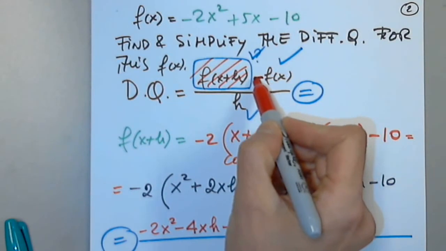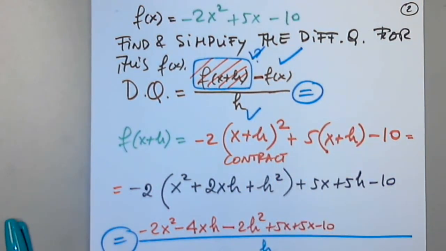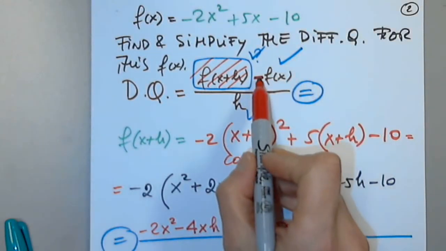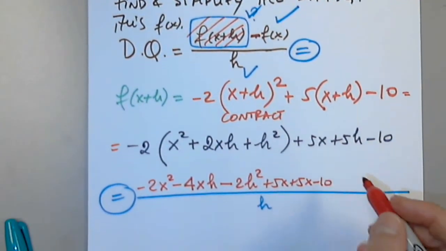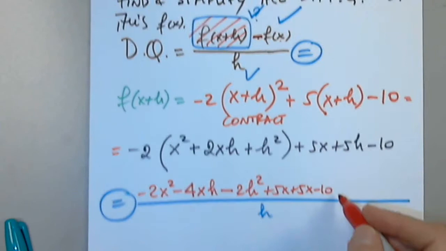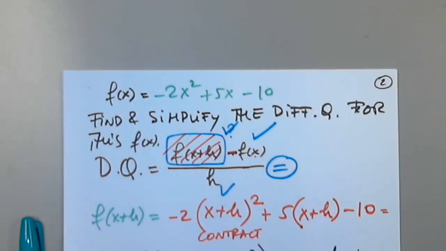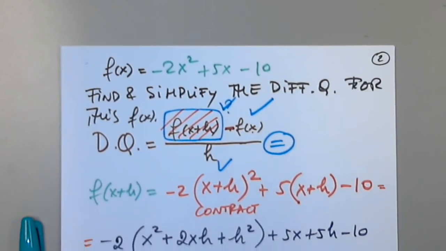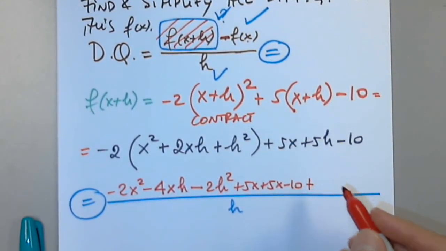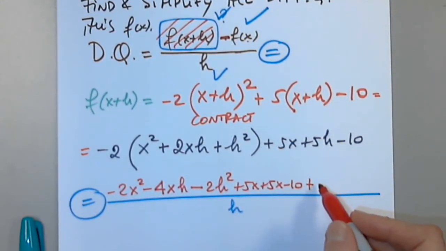Now I'm here. I must distribute negative 1 to all three terms. Please dictate. Negative 2, I must distribute negative 1 to all three terms. Plus 2x.